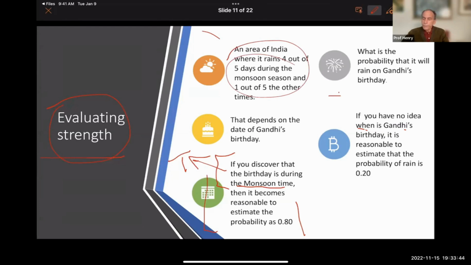And so again, if you want to make the argument that it will most likely rain on Gandhi's birthday, then you have to give me the premises. But if one of the premises is false, then obviously the conditional probability goes down to 0.2.